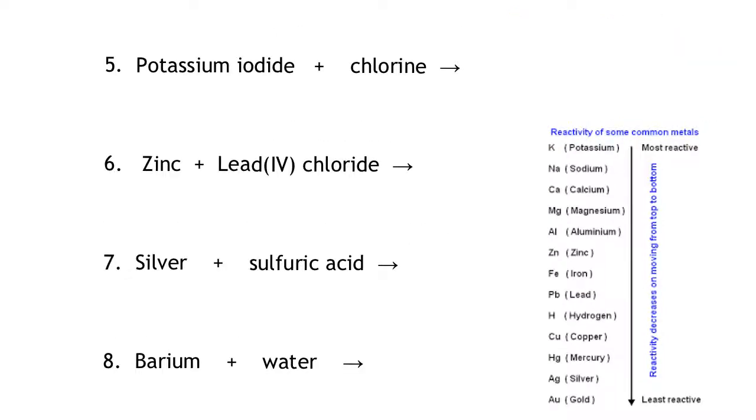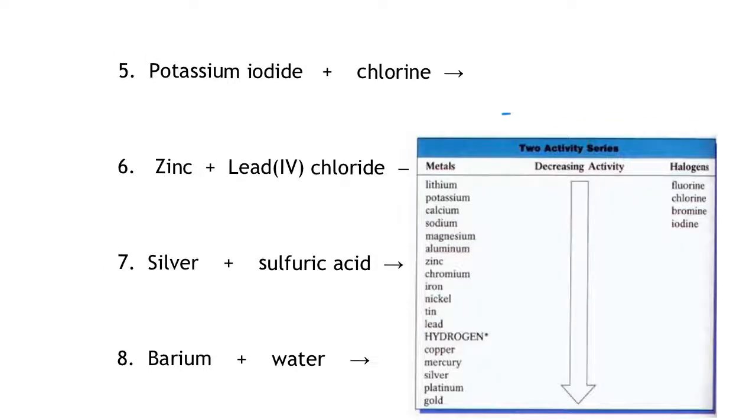All right, number 5, potassium iodide and chlorine. I find potassium, and now I'm looking for chlorine and iodine. So this one only has the metals, so I'm going to need to pull up another chart that will tell me the reactivity for nonmetals. All right, so here's a chart that has both the metals and the halogens, so that'll allow me to do this problem. I've got potassium iodine and chlorine.